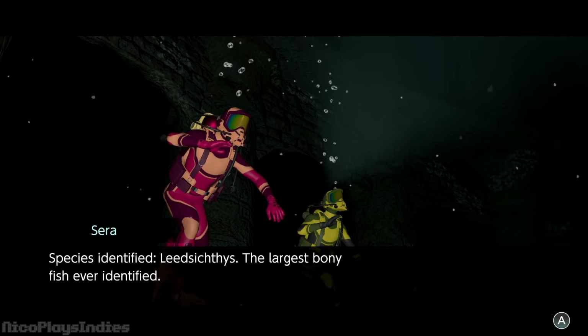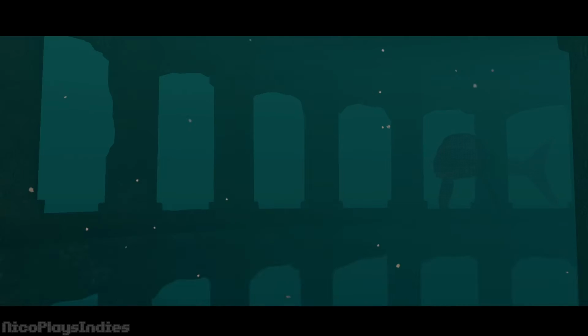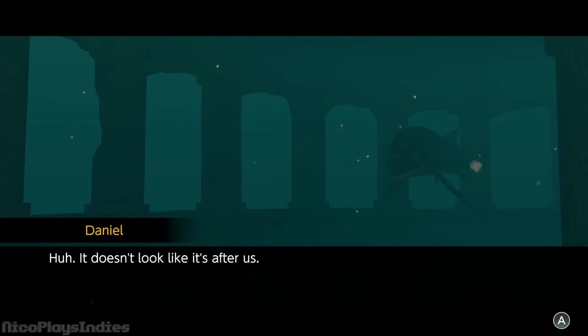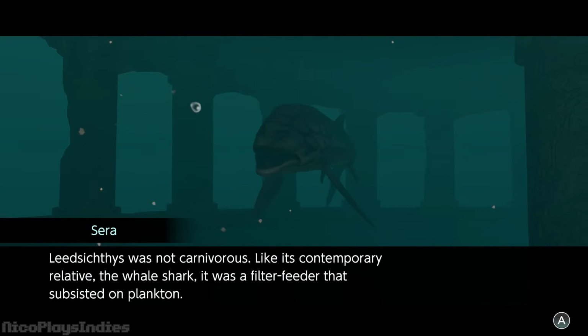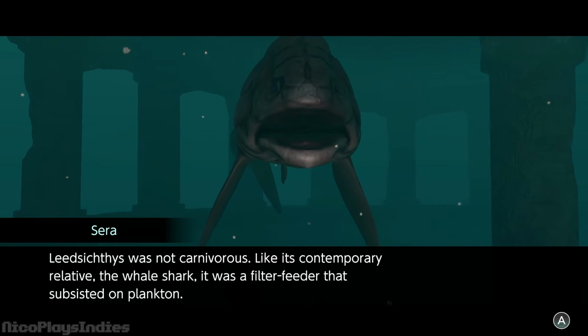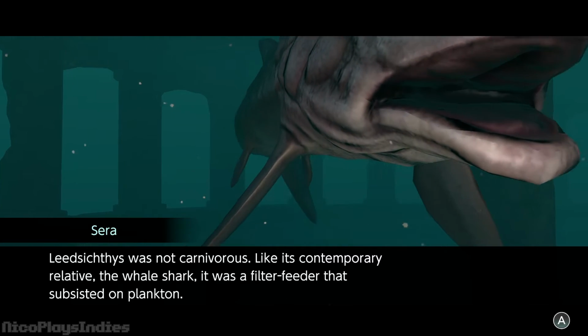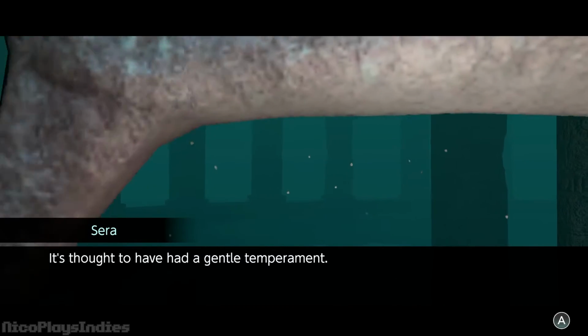The largest bony fish ever identified. Leadsichthys was not carnivorous. Like its contemporary relative, the whale shark, it was a filter feeder that subsisted on plankton. It's thought to have had a gentle temperament.